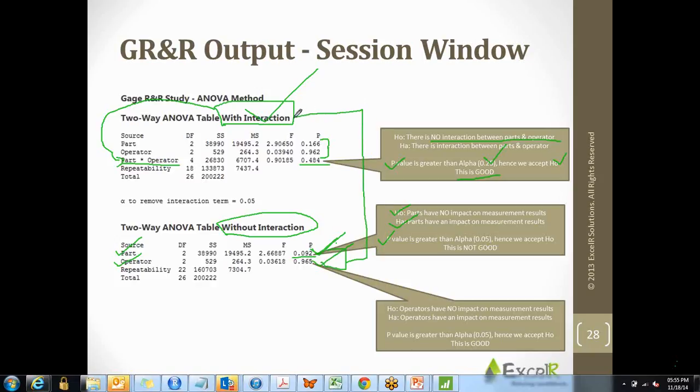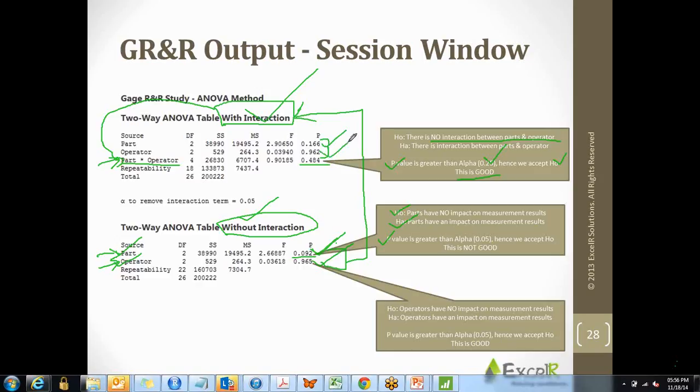Then I do this two-way ANOVA table with interaction. Because I'm just looking into with interaction, I'm focused only on this third point, part operator. Here, already without interaction, I'm looking into these two parts. So with interaction, if I do these two calculations, they'll give me different results, and these results are irrelevant for me. I cannot do any analysis on this.